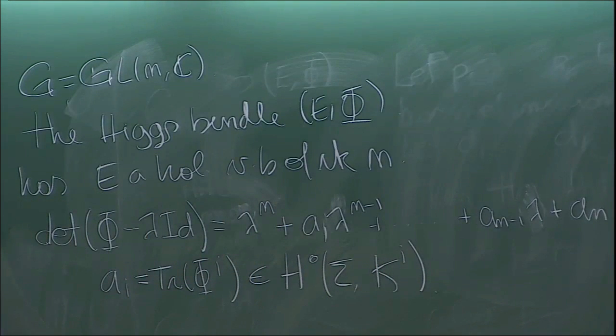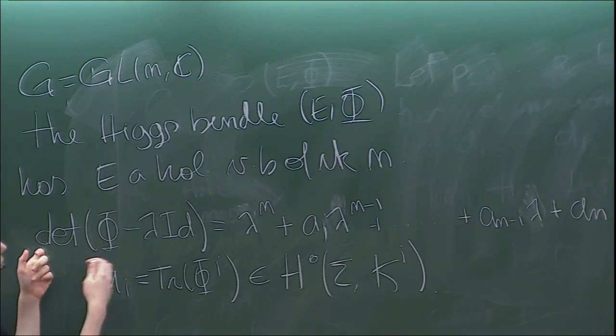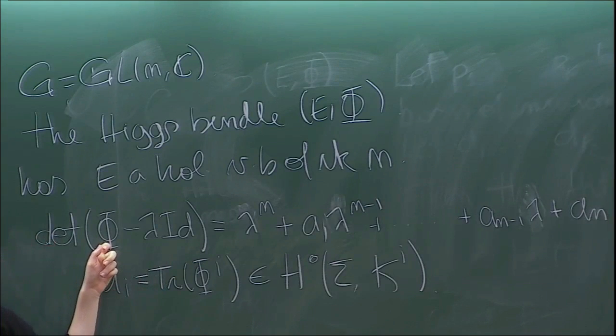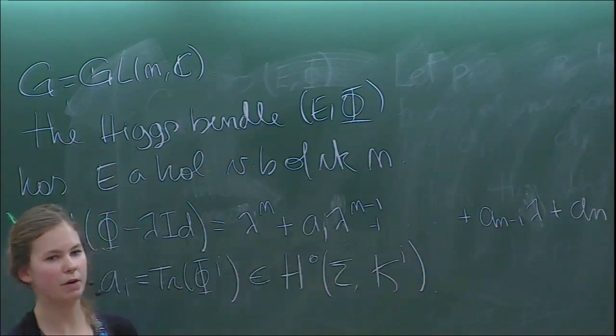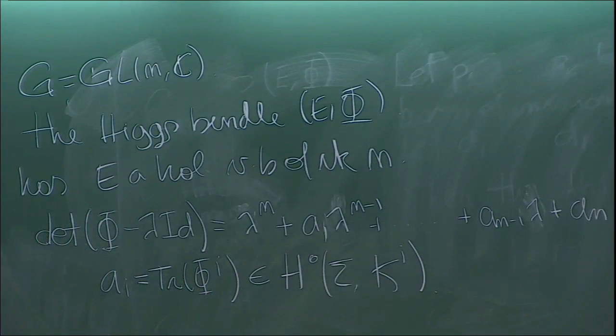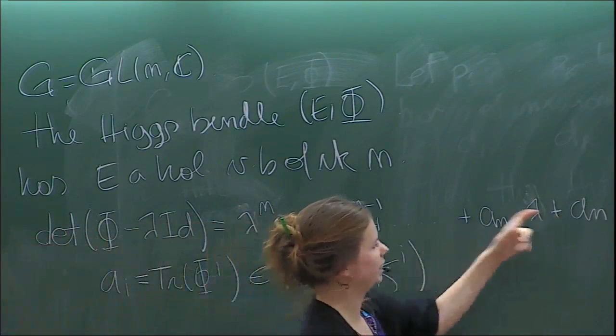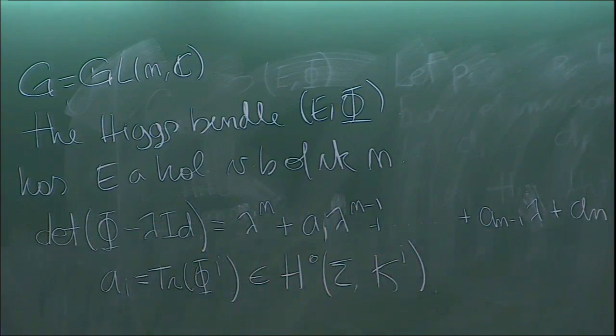So all we've done is taking the characteristic polynomial of our Higgs field as a matrix. We're working with matrix groups. We write this characteristic polynomial. Our variable now is the tautological section, which means the zeros of this polynomial, when we take the zero set, that will be an n-sheeted cover of the Riemann surface.